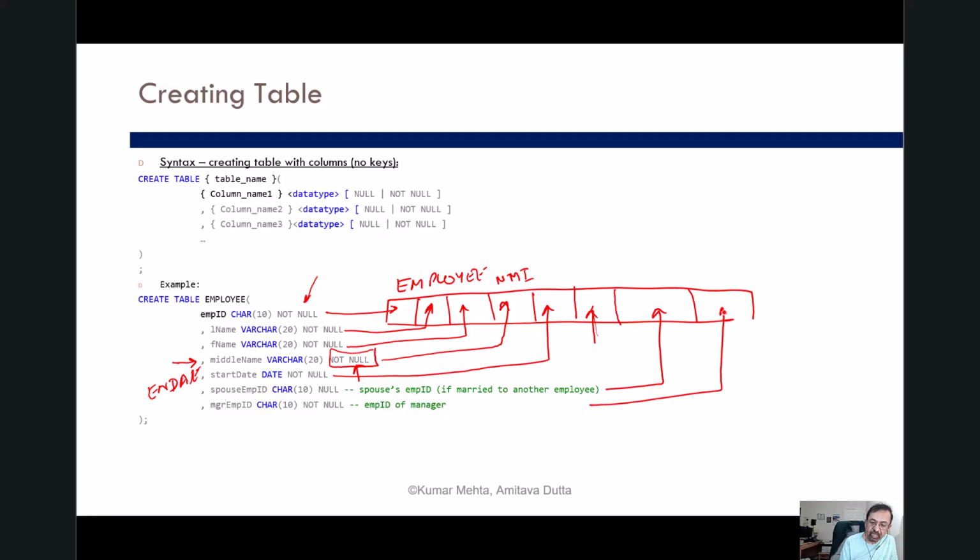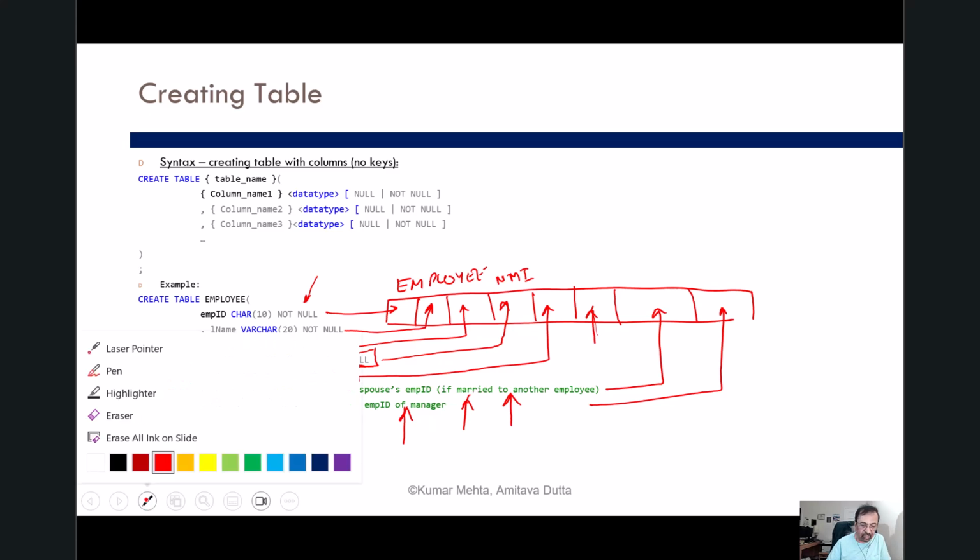Now these explanations in green, you can see they are preceded by these double hyphens. These are comments, and we've used them in this example just to explain that these instructions are being given using the data definition language.